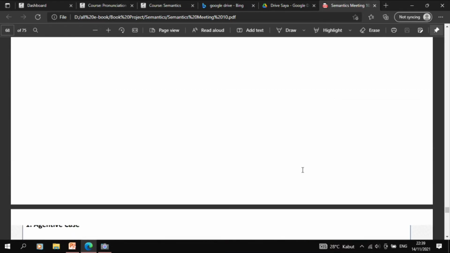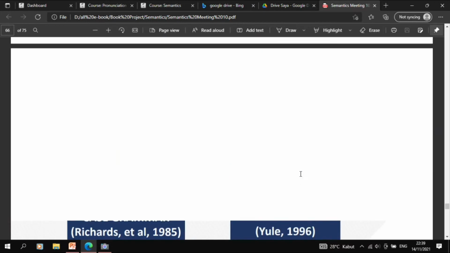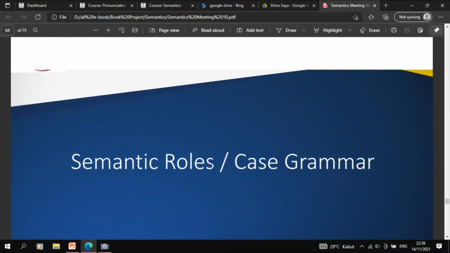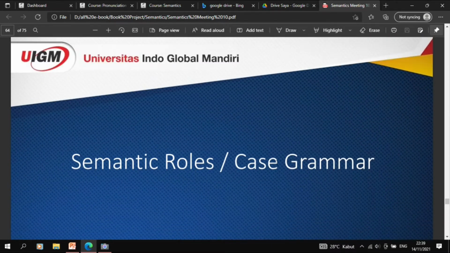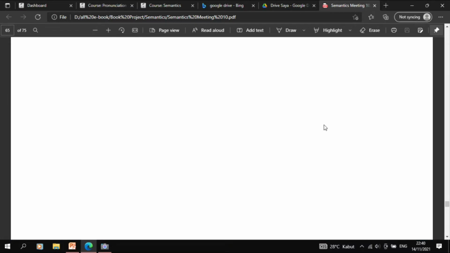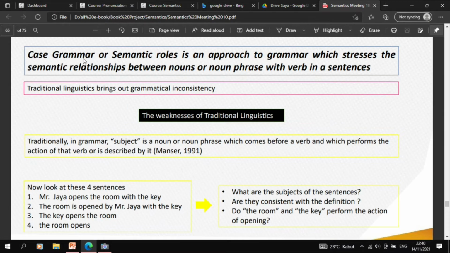If you still remember last meeting, a little review from last meeting: we have semantic roles and case grammar. These titles, semantic roles is from Yule and case grammar is from a different expert. So last meeting we learned case grammar first.